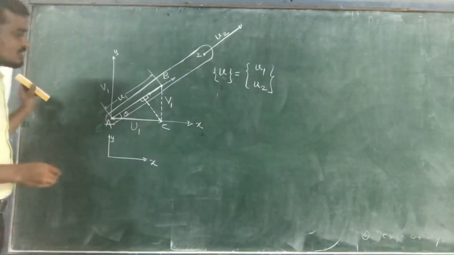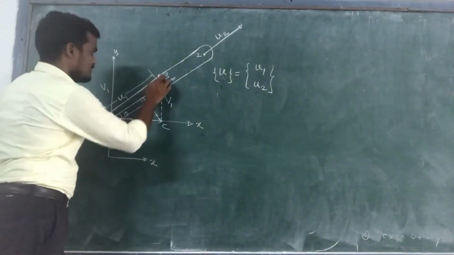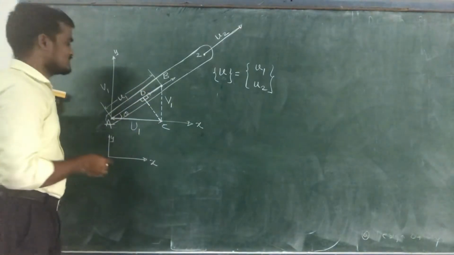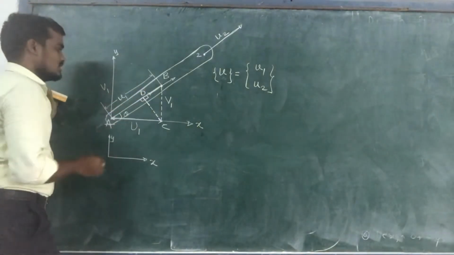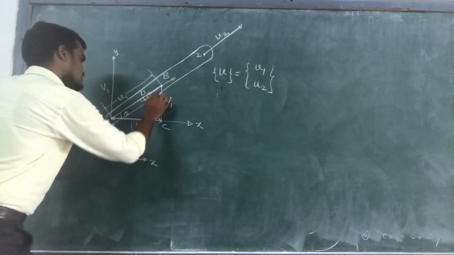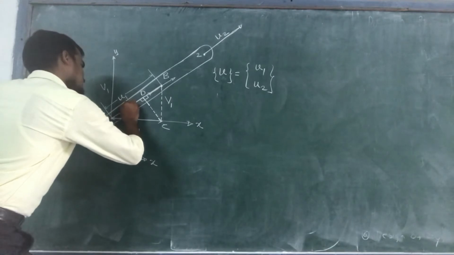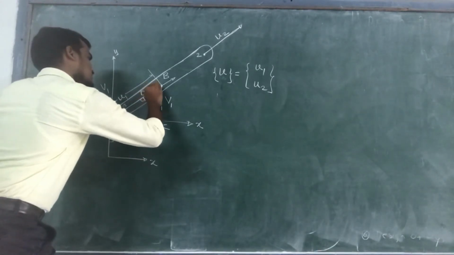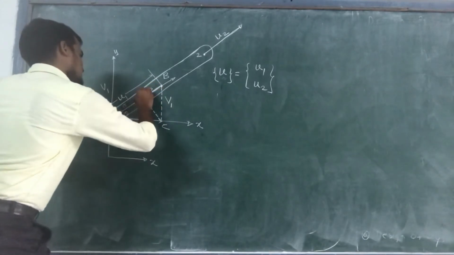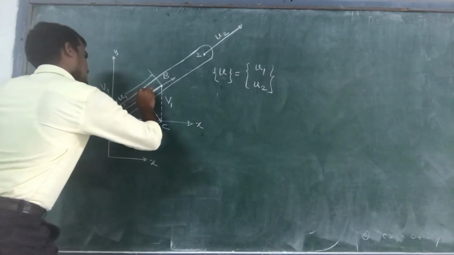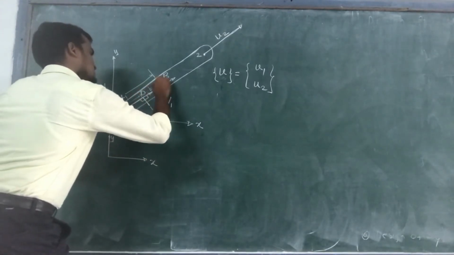Our motive is to find out the value of u1. Now u1 is this distance plus this distance. Let us say this distance is A and this distance is B. So up to this is A, and up to this is B.